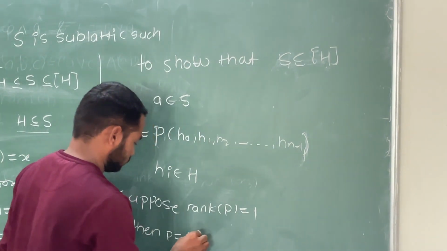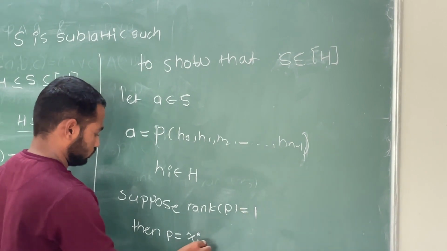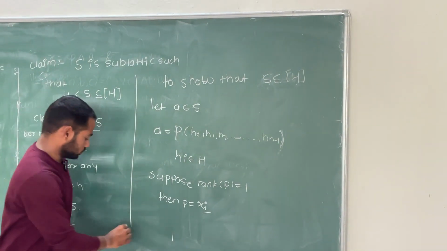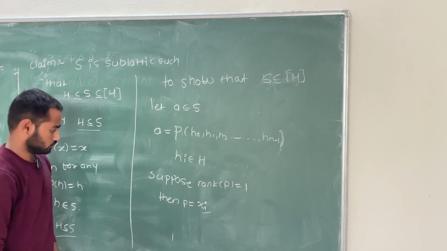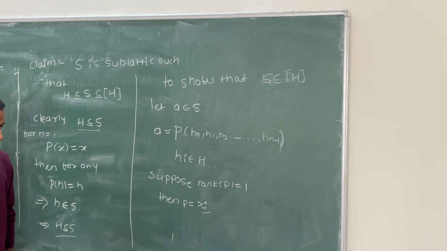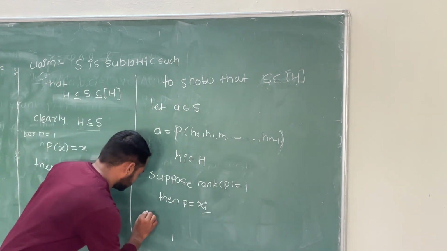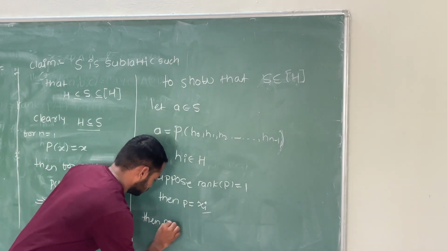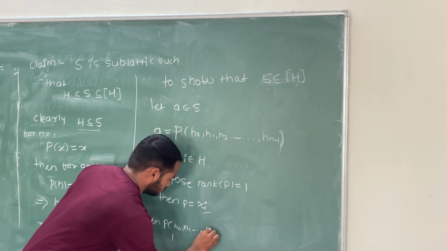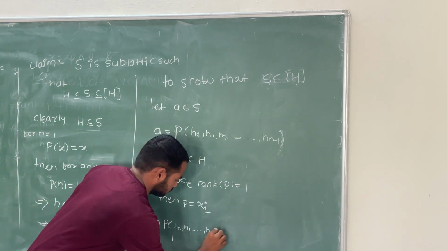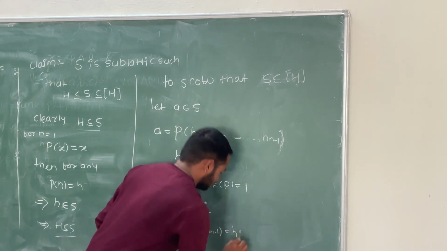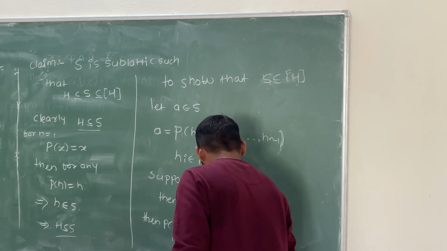P is equal to xi. Therefore, what is P of h0, h1 up to hn minus 1 at that time? That is hi. Is that clear? That is our a.